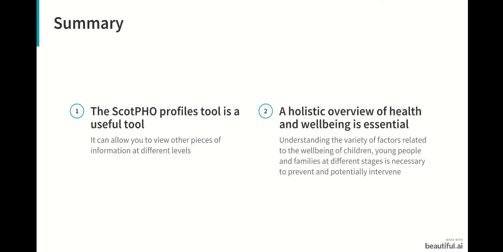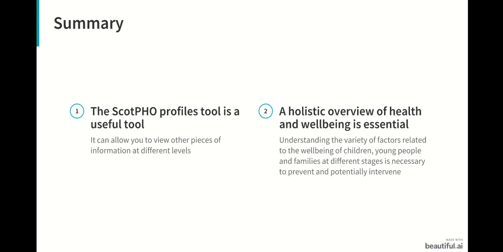So, just in summary, the Scottish Public Health Observatory Profiles tool is an extremely useful tool, in my opinion, and it can allow you to view other pieces of information at different levels, whether that's at a council level or indeed at a community level. I should just advise a little bit of caution, as some of the data can be quite sensitive, touching things like mortality rates, and it's just something worthwhile bearing in mind when you're viewing that information.